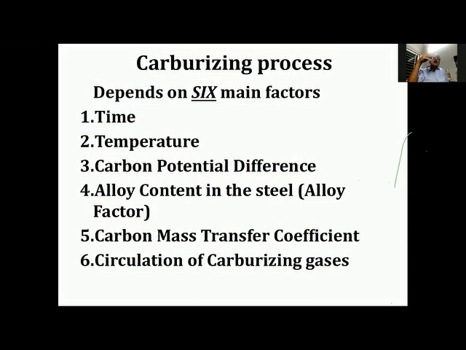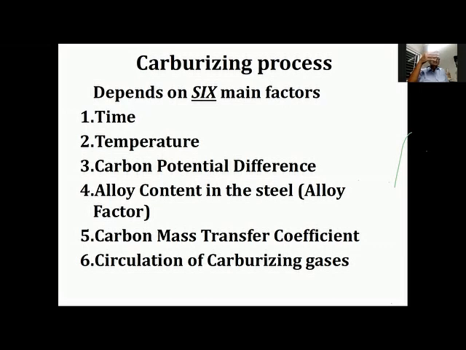Carbon mass transfer coefficient has something to do with the input gas which we are going to use for the processing. For example, if you have got propane or butane, the typical carbon mass transfer coefficient is 1. Compared to that, if you use acetylene, the availability of carbon is so much, it is capable of giving much more carbon by dissociating or cracking.